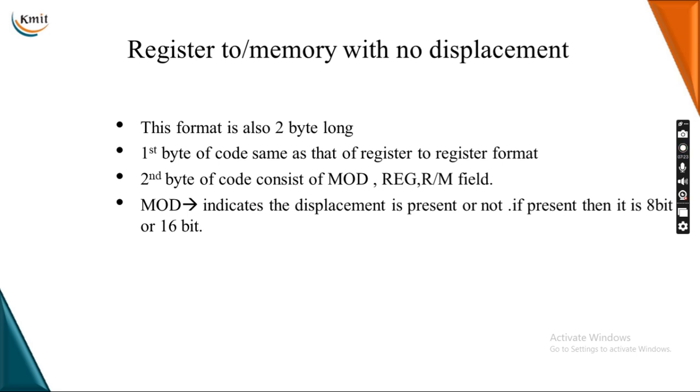Third, register to or from memory with no displacement. This format is also 2 bytes long, where the first byte of code is the same as in the register to register format.